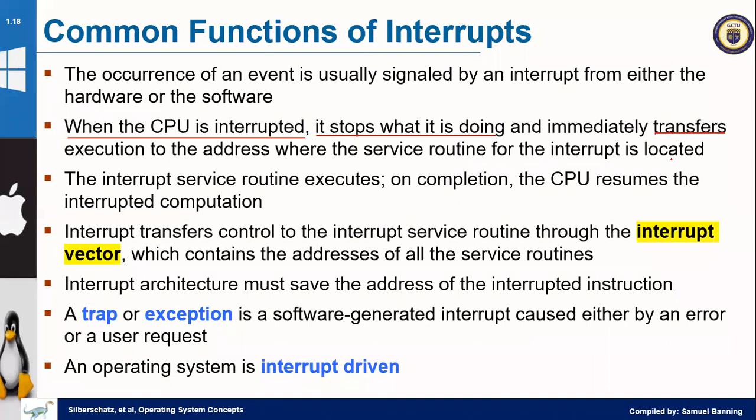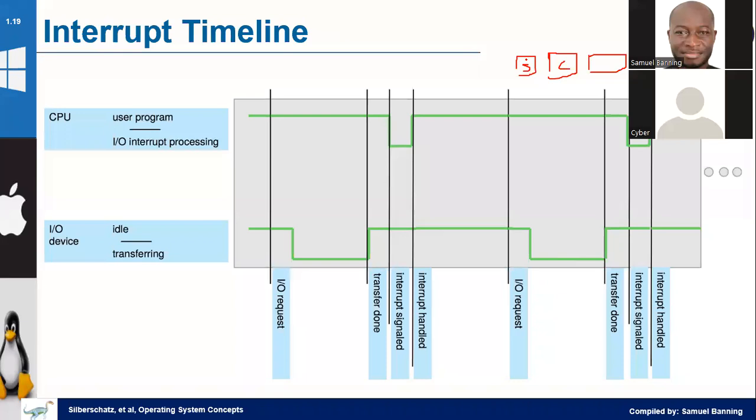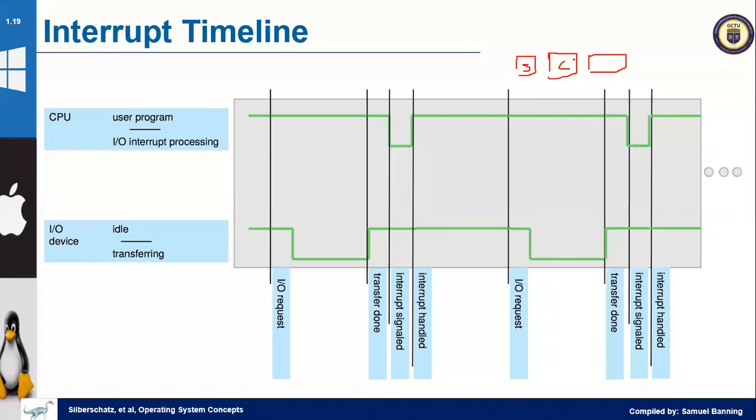We have seen examples of interrupts as maybe taking a selfie, so I'm going to use S for the selfie, or maybe making a call, so I'm going to use C, or perhaps doing something else. These are interrupt routines. There are locations that these interrupt routines are stored.